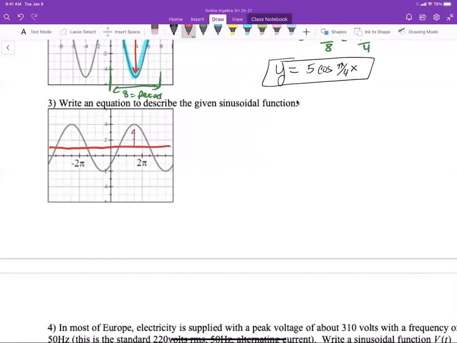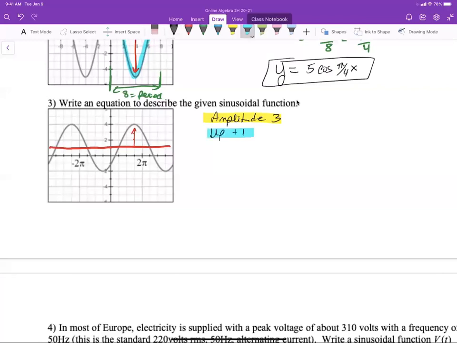So I have an up 1, and I also have an amplitude of 3. Okay, so I know an amplitude of 3. Doesn't matter which one you pick, as far as sine or cosine, you will have an amplitude of 3. And also, doesn't matter which one you pick, you have shifted up plus 1.